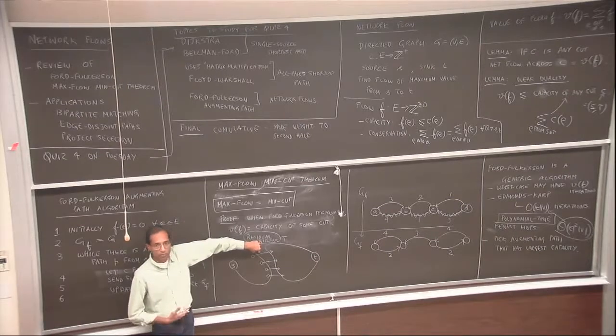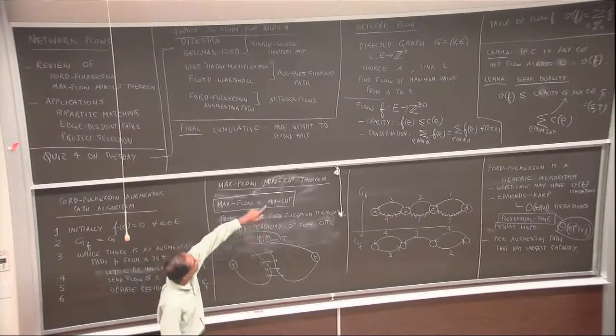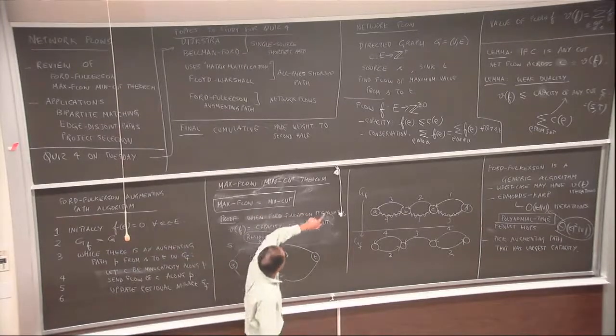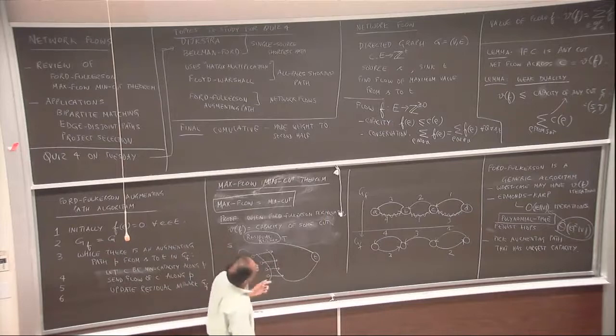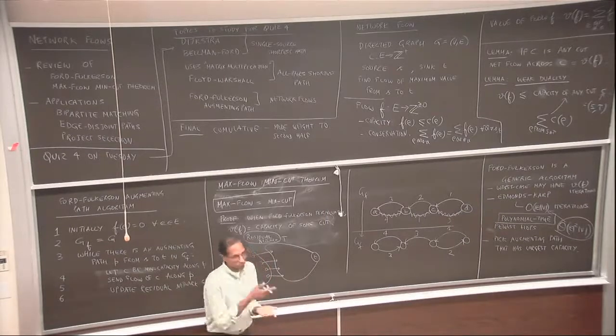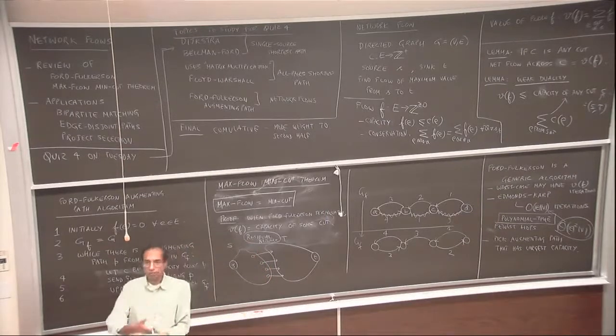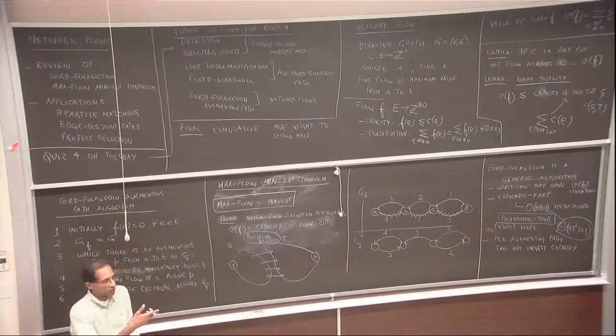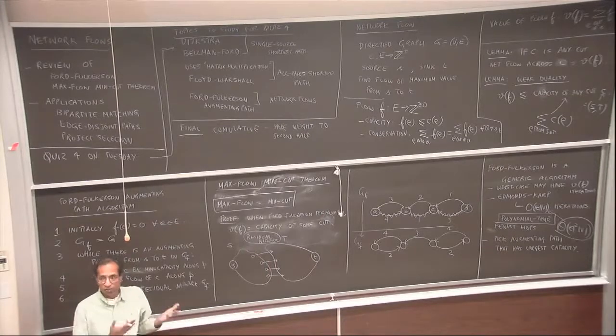It has as much flow as its capacity, right? Because in the residual network, if there is no capacity, then remember how do we calculate the residual network capacity? You look at its capacity minus the flow. So if the residual capacity is 0, then the flow on that edge is equal to the capacity.